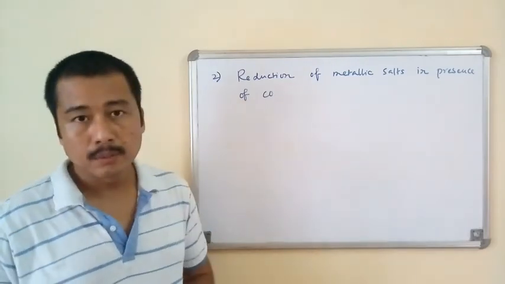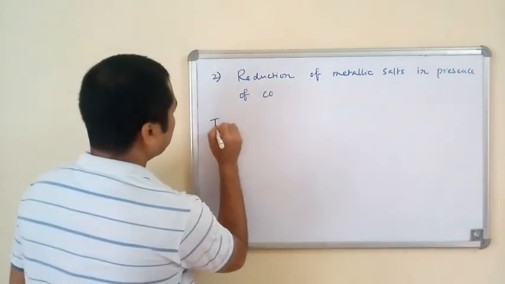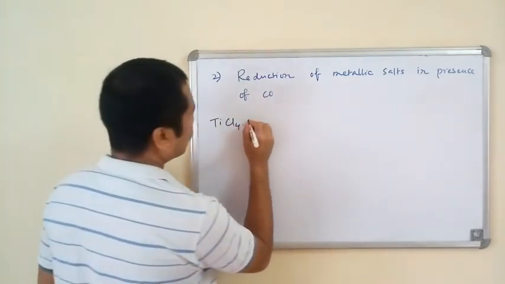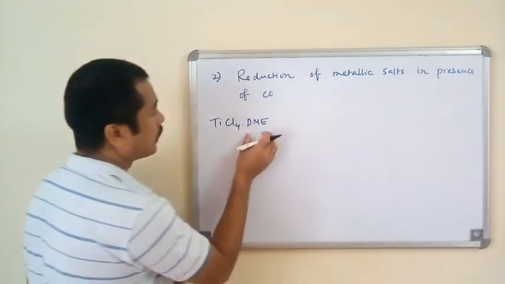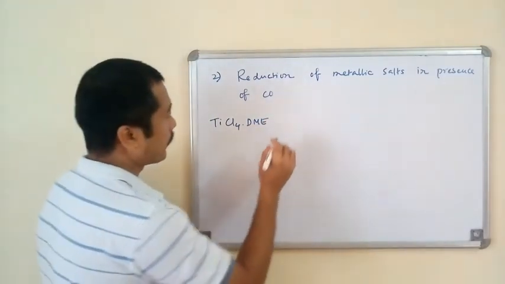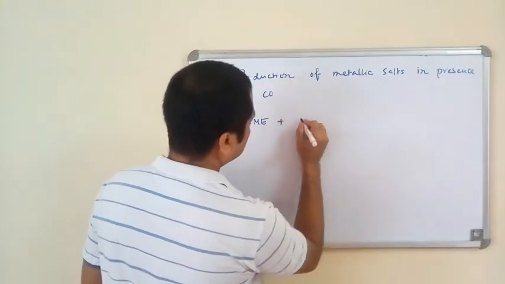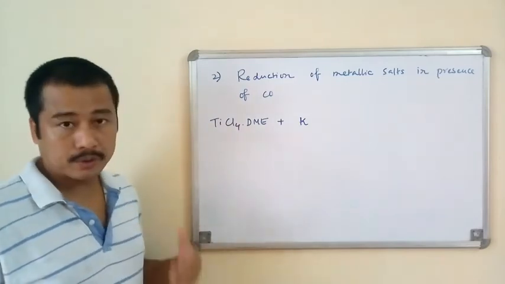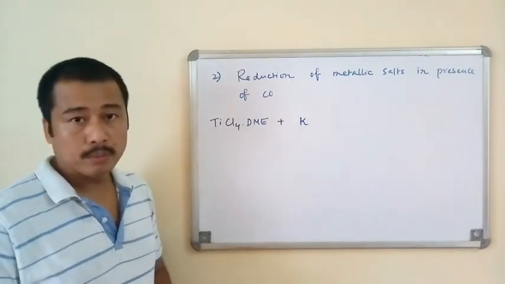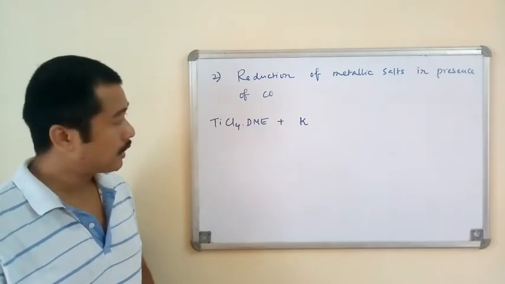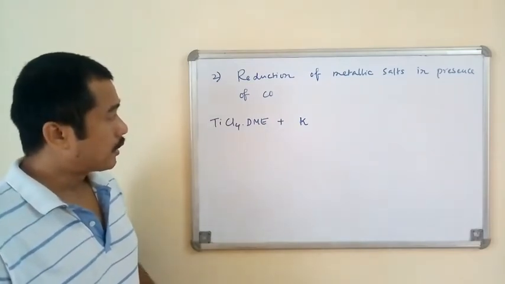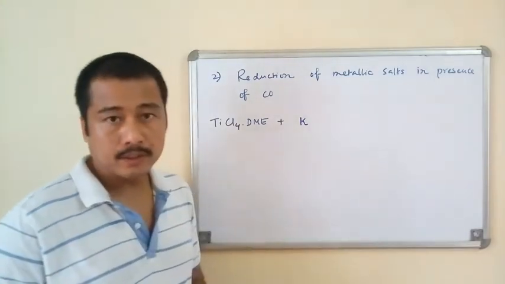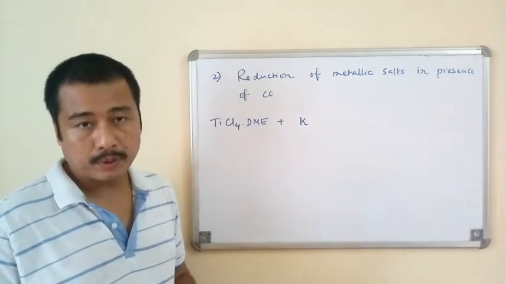this particular method. One can prepare titanium hexacarbonyl starting from titanium tetrachloride. This is coordinated to dimethoxyethane, which is taken as a solvent in this case, and one can reduce titanium tetrachloride from plus 4 oxidation state to lower oxidation state by using potassium metal, which is an alkali metal. But bare potassium metal is highly reactive in nature, and that is why it is difficult to use in the laboratory.